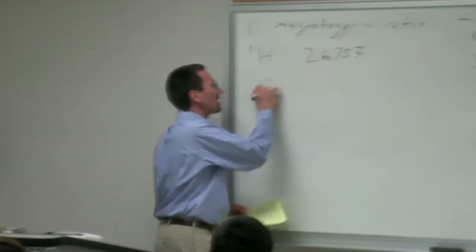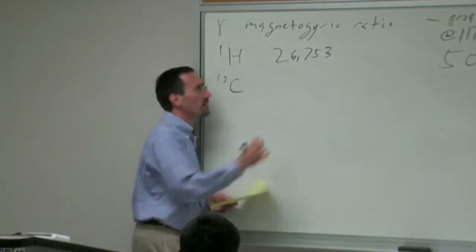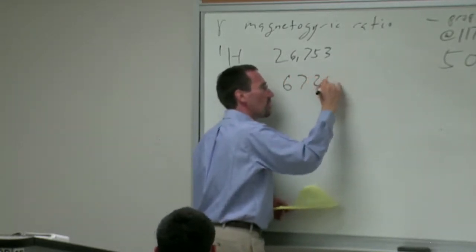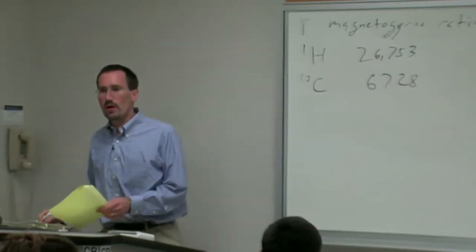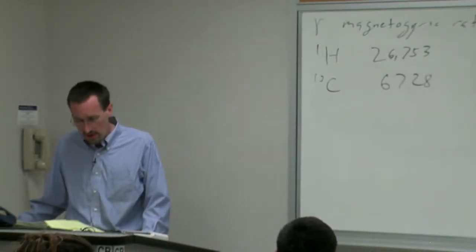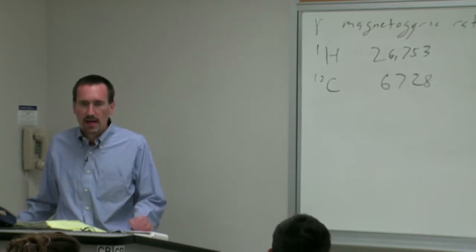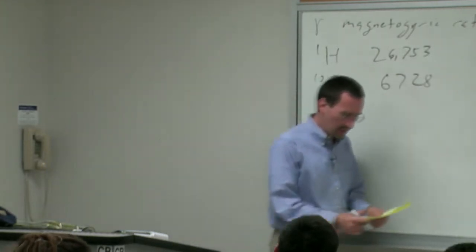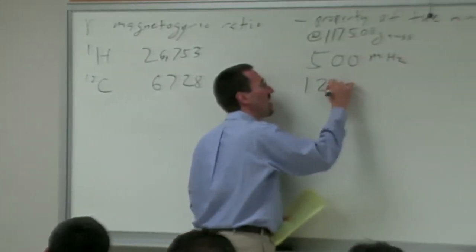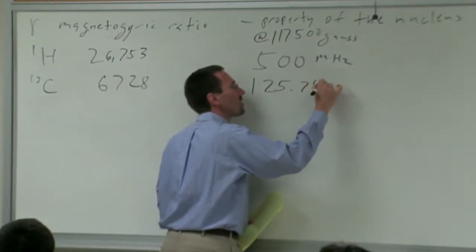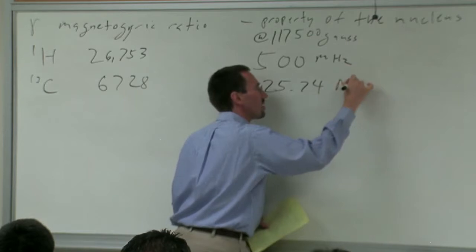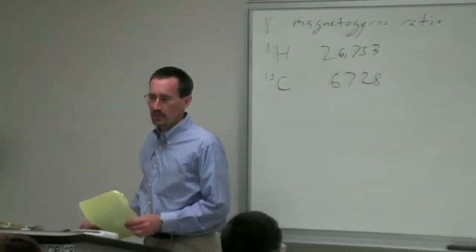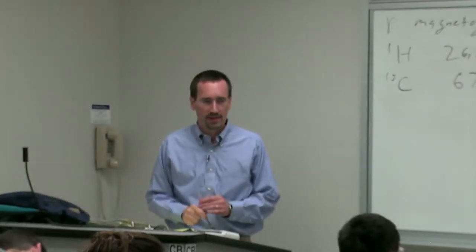If we look at C13, we get a gyromagnetic ratio of 6,728. And that corresponds to absorbing energy at a frequency of 125.74 megahertz on this 117,000 Gauss magnet.